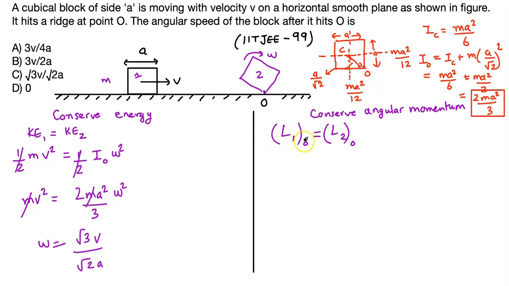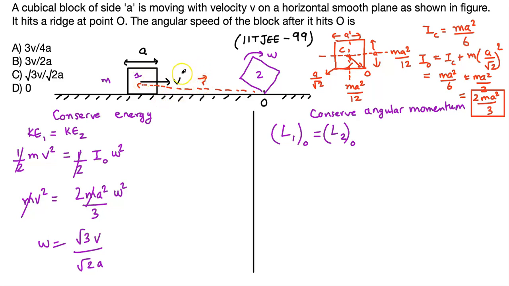So angular momentum about point O in state 1. Angular momentum is the moment of linear momentum, right? So R cross P. This is going to be the position vector R, right?